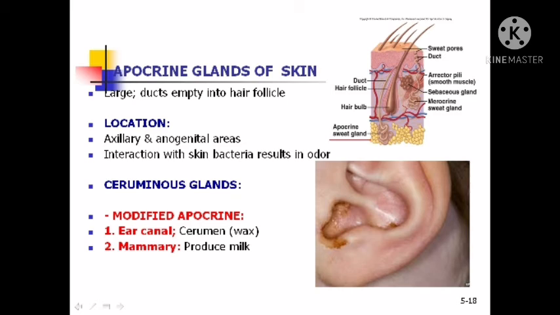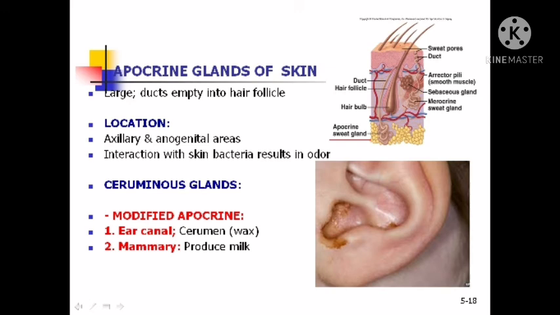The ceruminous glands are further types of apocrine glands. These are modified apocrine glands, and these are two in number, in different situations.